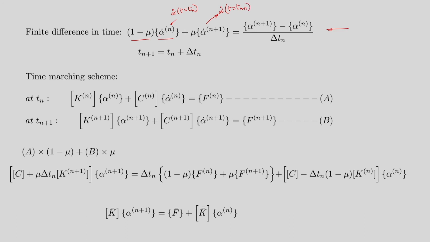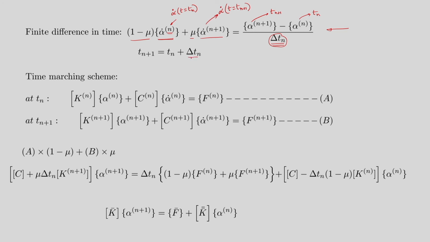So, 1 minus mu times alpha dot at time t n plus mu times alpha dot at time t n plus 1 is equal to alpha at time t n plus 1 minus alpha at time t n divided by delta t n. So, what is this delta t n?